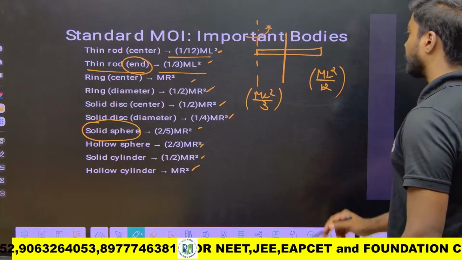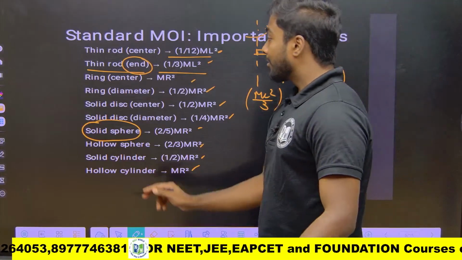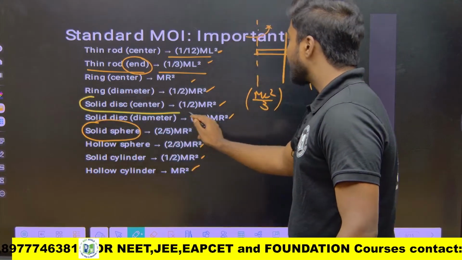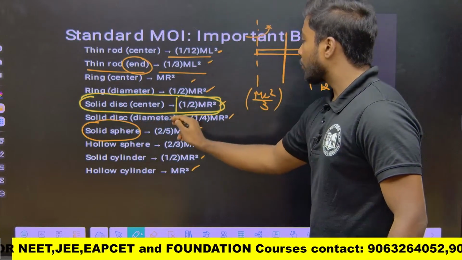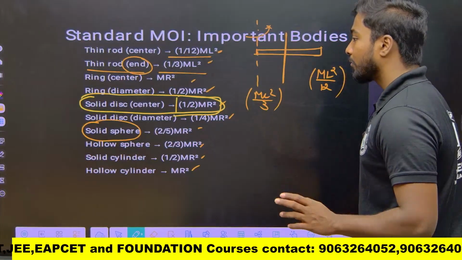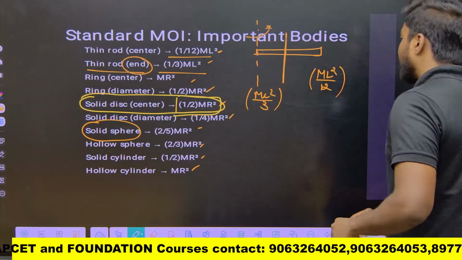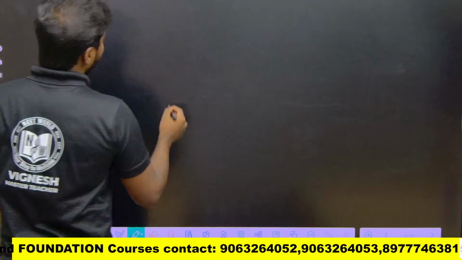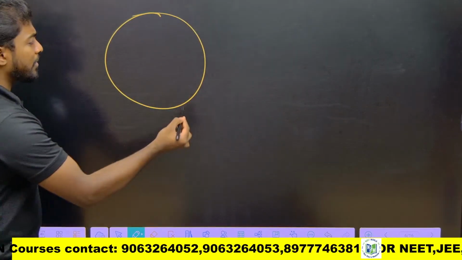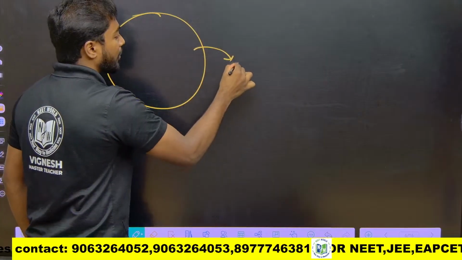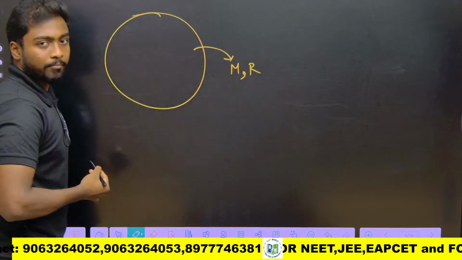So I will give a question based on the solid disk here now. What is the moment of inertia? Keep in mind mr square by 2 for the solid disk. Now we will do the question. Suppose a disk is given which has mass m and radius r.